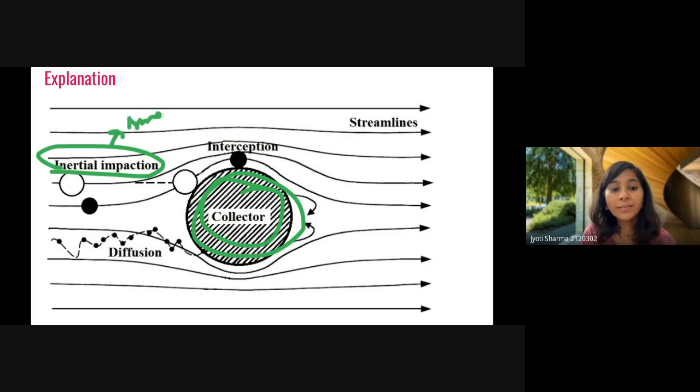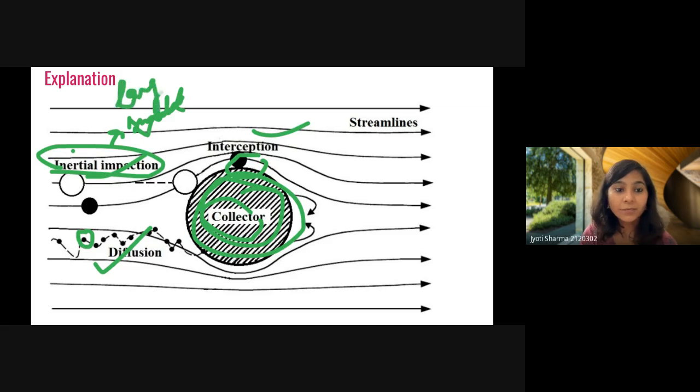When the size is large, then this collector may have contact with particulate matter, and this will be the part of interception. Then another is diffusion. Diffusion is when the particulate size is very small, smaller than this inertial. Can you see? Here the size is not small, but you can say larger.